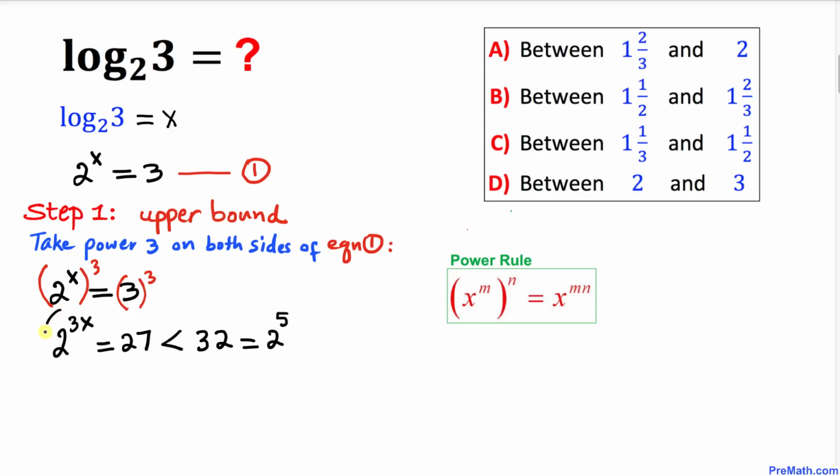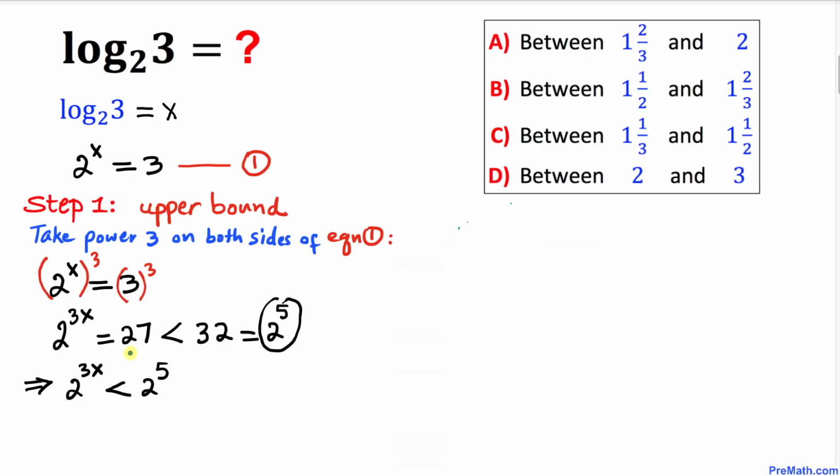So that means the left hand side is less than the right hand side. So we can write this as 2 power 3x is less than 2 power 5. And now let's observe that our base is the same on the left hand side and on the right hand side.